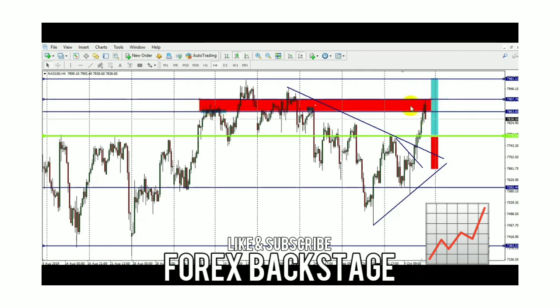The market is respecting this channel, and this means that our first take profit hit, second take profit hit, and our third was not hit, but surely it will hit our take profit.